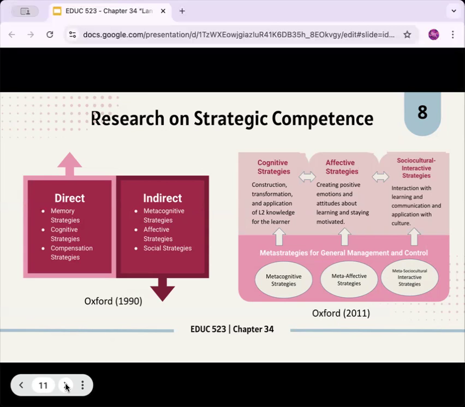Meta-affective strategies help to regulate emotion and motivation, and sociocultural-interactive strategies guide interactions and communication between students and how they deal with diversity. Overall, this classification of research served to inform students' awareness of strategy use, treated as behaviors that aid development of second language learning.